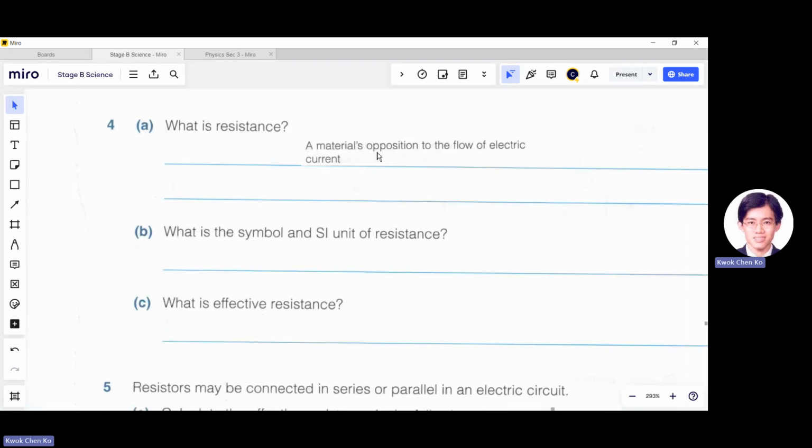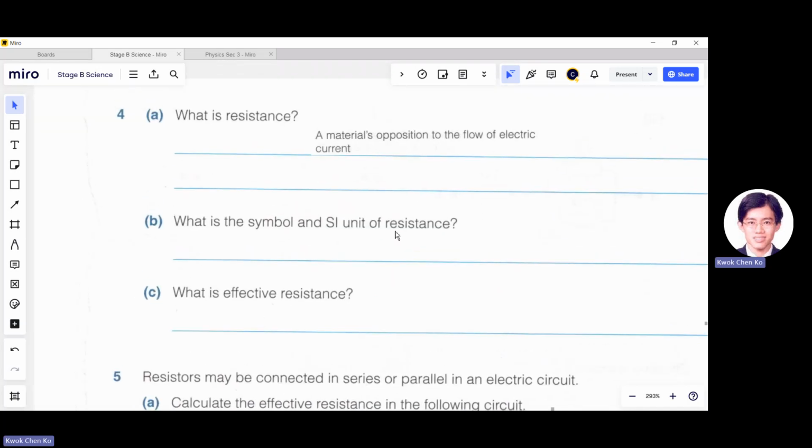Resistance, well, I think you should have an idea. Basically it opposes current. Okay. Let's go on. Resistance.